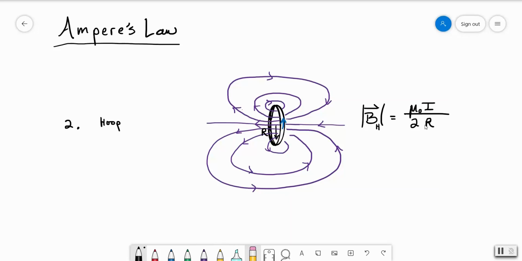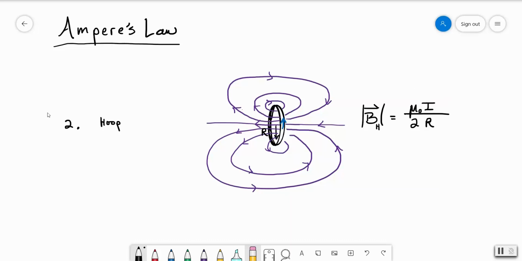So this is then a value that is defined by the geometry of your hoop, the size of the hoop. A little bit stronger because you've actually wrapped your wire now into a circle, and you have contributing pieces from the entire thing.